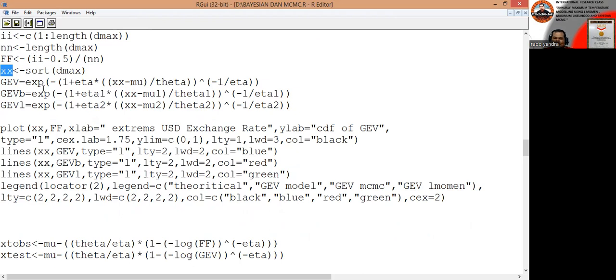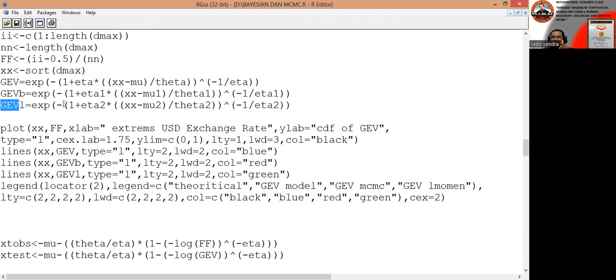After that, when I say GEV, it means cumulative distribution function comes from the maximum likelihood. When I say GEVB, it means cumulative distribution function by using Bayesian. But when I say GEVL, it means the GEV by using Lmomen techniques.